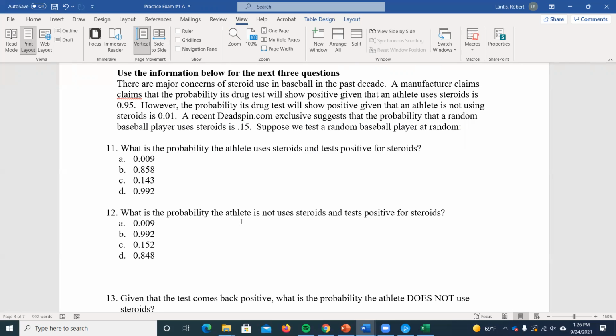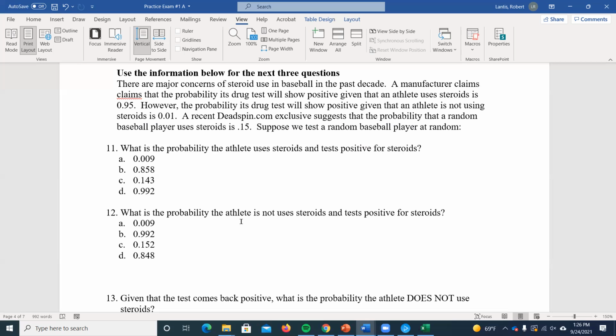The next problem asks us, given that the test comes back positive, what's the probability the athlete is not using steroids? So here's where it gets a little bit tricky. First of all, we're okay with everything up here. Remember, ultimately this represented the probability that someone was not using and the test came back positive.